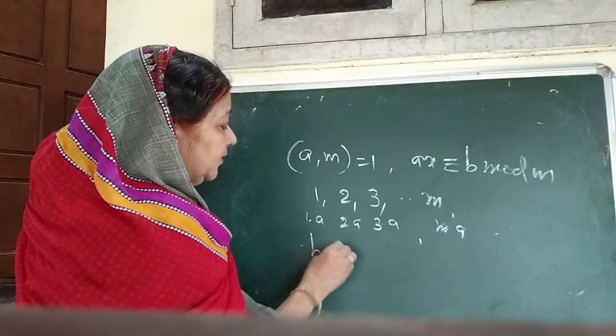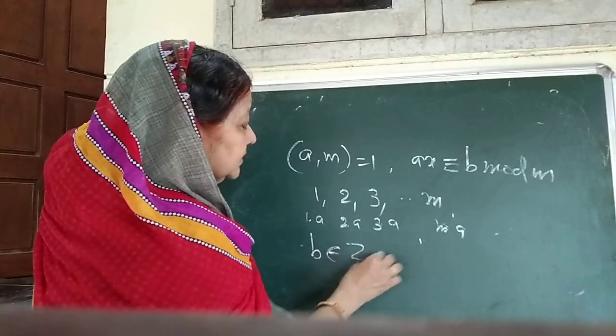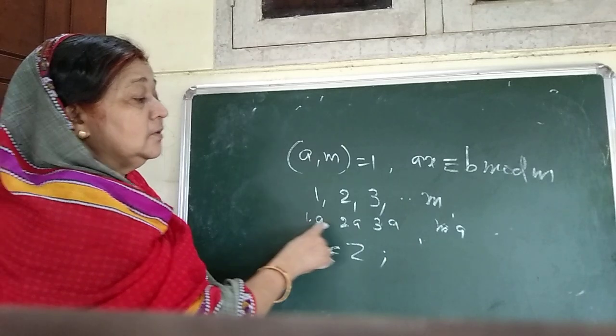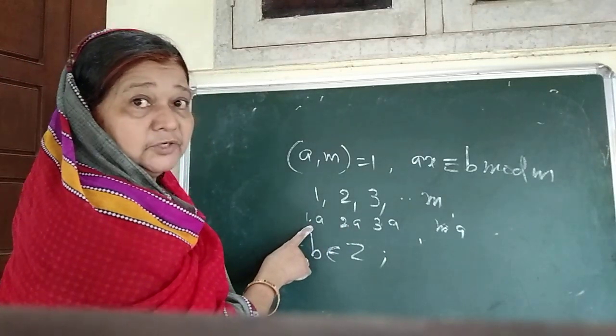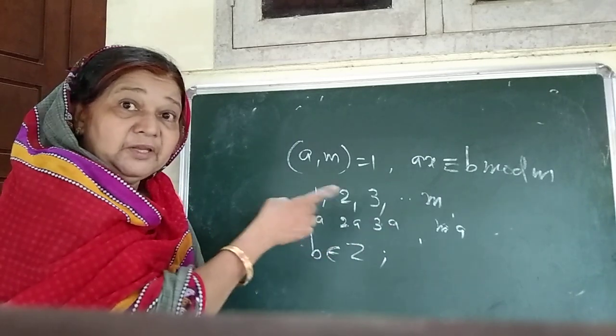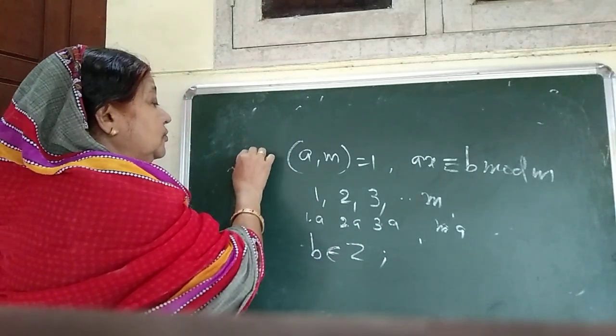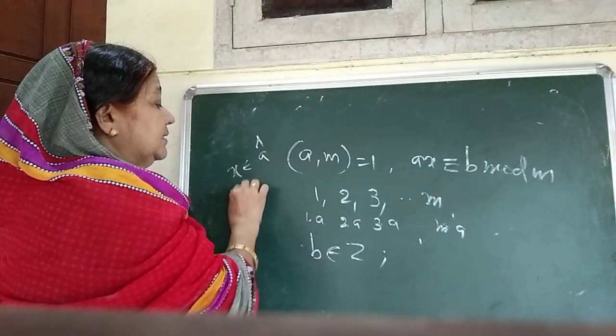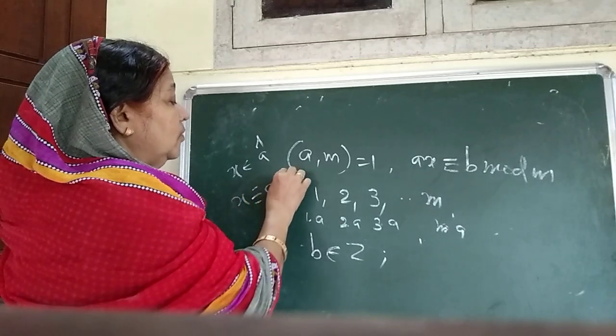If b is an element of Z, then this b must belong to either the 1 into a residue class or the 2 into a residue class, etc. If x belongs to a-cap, then x is congruent to a mod m.